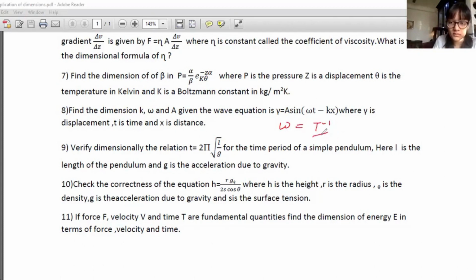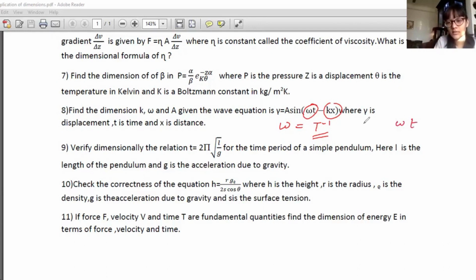How did you get this? Omega is the angular frequency. In omega t minus kx, both omega t and kx are angles, and an angle is always dimensionless.